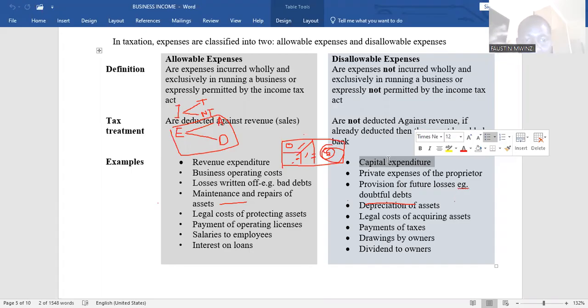Can we differentiate between revenue expenditure and capital expenditure? Someone help us. From what you learned in Introduction to Accounting 1, or Financial Accounting as you call the unit, BAS 100, what is revenue expenditure and what is capital expenditure?